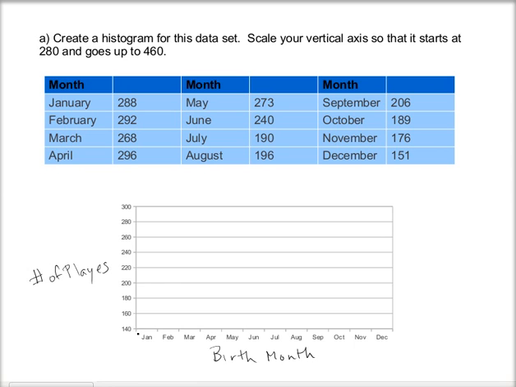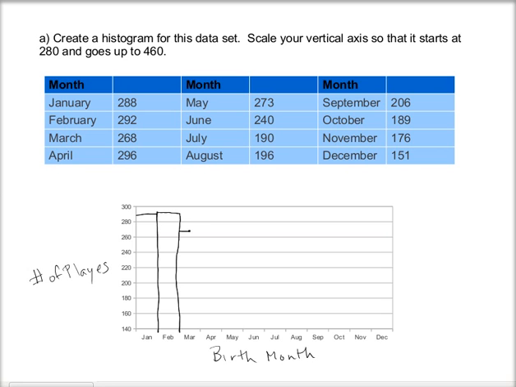We're going to start with January. I've got 288 players. That's about here on my axis. February, I've got 292, so just a tiny bit higher number. March is 268.